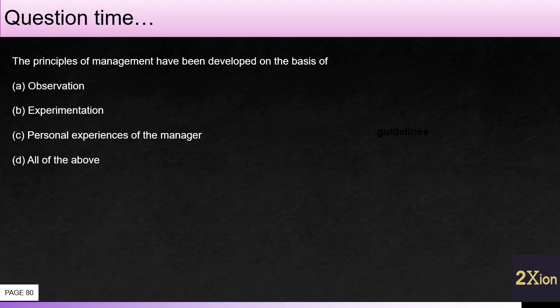The principles of management have been developed on the basis of observation, experimentation, personal experiences of the manager, or all of the above. What do you think it should be?